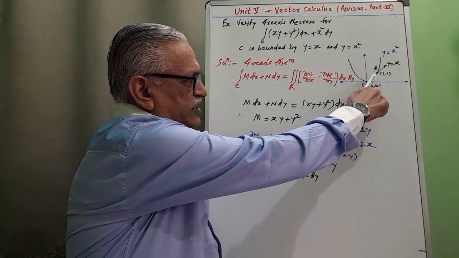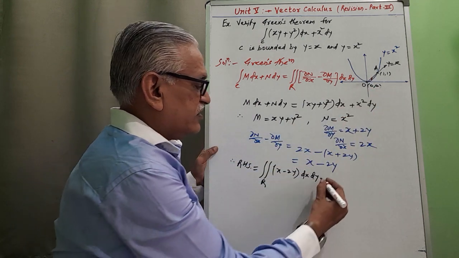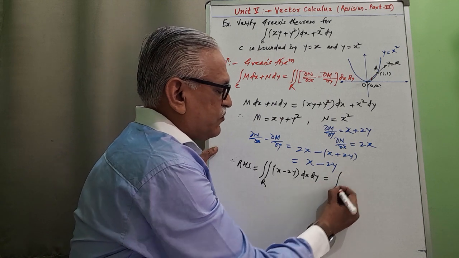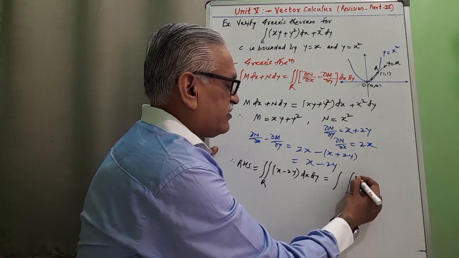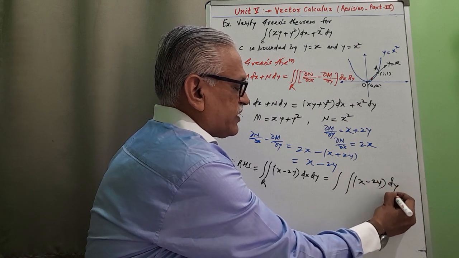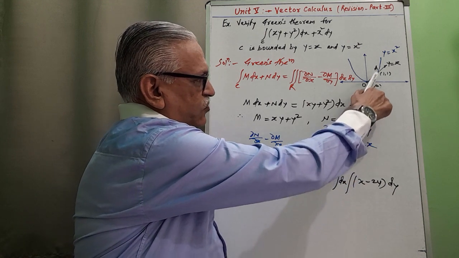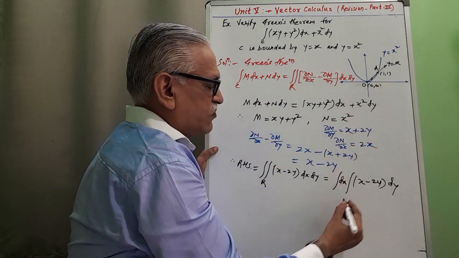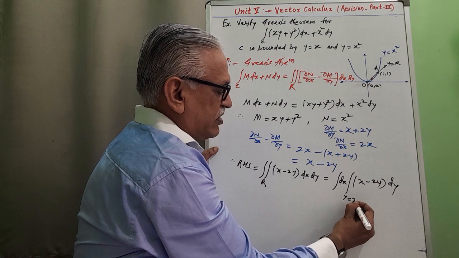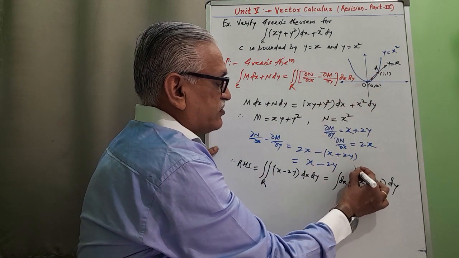Here in this region I have shown the elementary strip parallel to the y-axis, and as per that strip your first integration is with respect to y. Therefore, x minus 2y, we have to integrate with respect to y and then with respect to x. Limits for y: the lower end lies on the curve y equal to x square, the upper end lies on the line y equal to x.